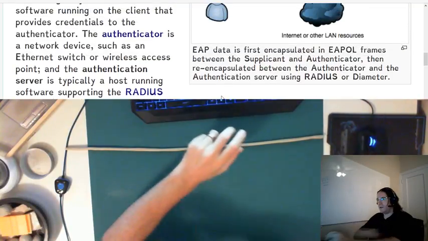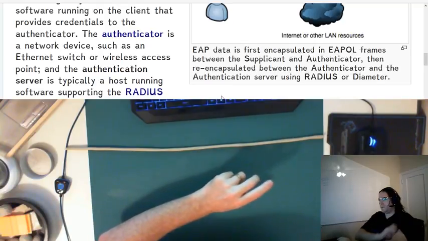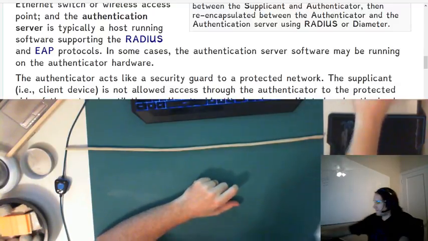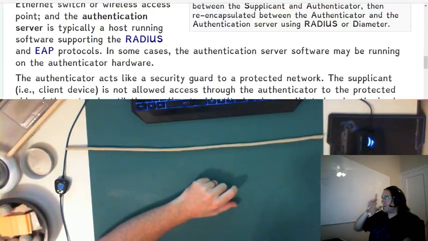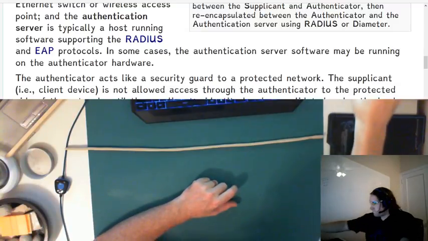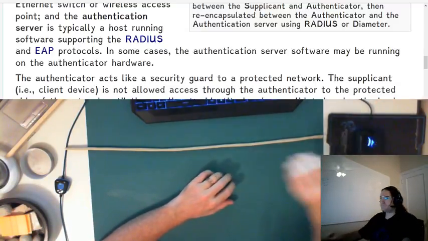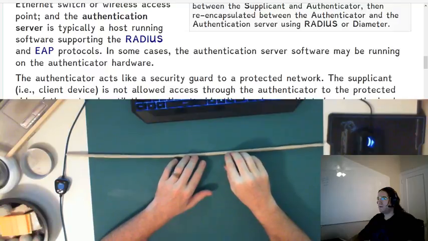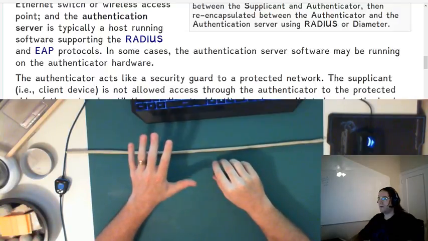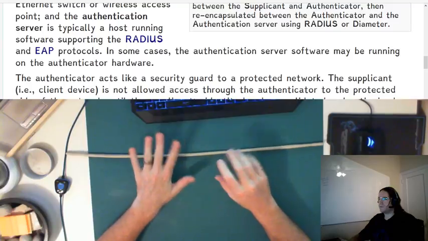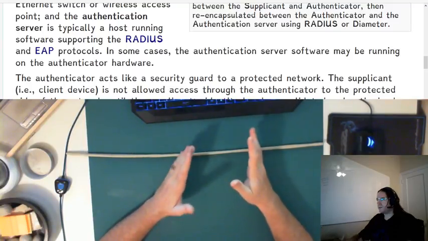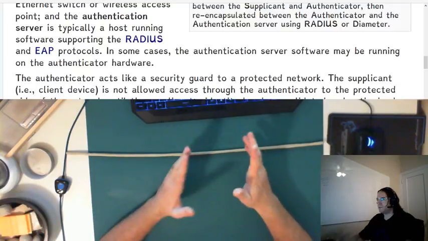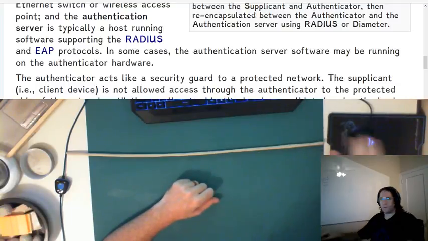So the authenticator is an access point or a switch, and the server is running the RADIUS protocol and EAP protocols. Okay. In some cases, the authentication server software may be running on the authenticator hardware. So the authentication server, the RADIUS protocol and EAP protocols, may be running on the switch or the access point hardware.